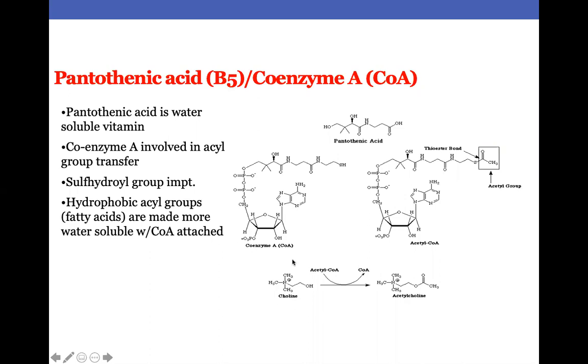From coenzyme A, I can make acetyl-CoA, and from acetyl-CoA, it sounds a lot like acetylcholine. So you should understand that these things are related. If you remember vitamin B5, coenzyme A will make you think of acetyl-CoA, and acetyl-CoA is necessary to make acetylcholine. They even sound similar, so it shouldn't be too hard to remember. And pantothenic, B5, pentagon, pantothenic. That's how I would memorize it.